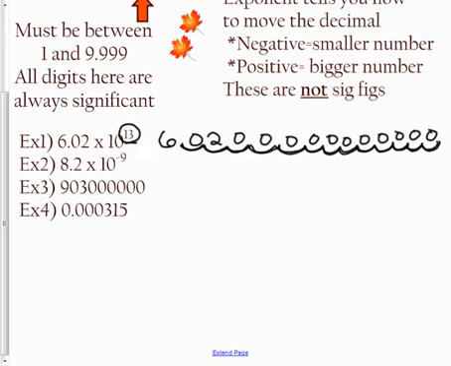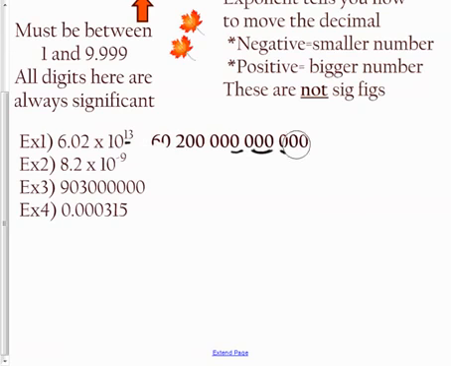And we end up with a very, very large number. The decimal does not get written on the end because we don't want those zeros to be significant. So if we were to write this really nicely, it might look like this. You can put commas in between if you want, but you don't have to. So we are ending up with a very, very large number.